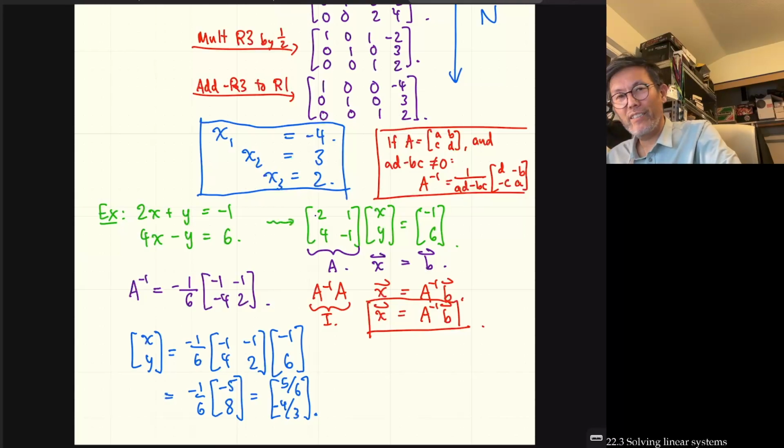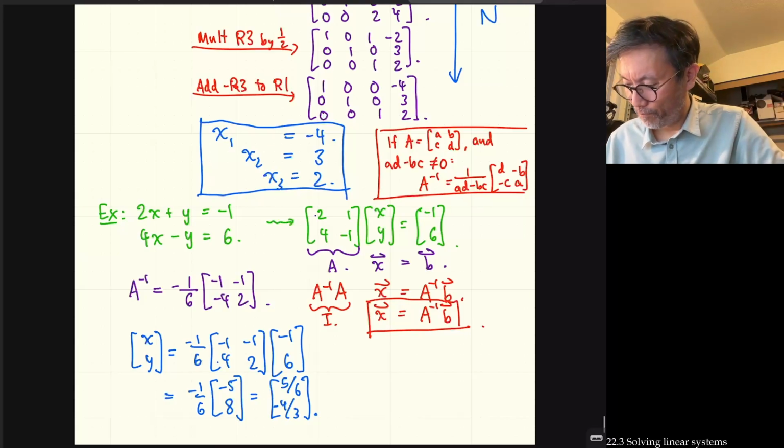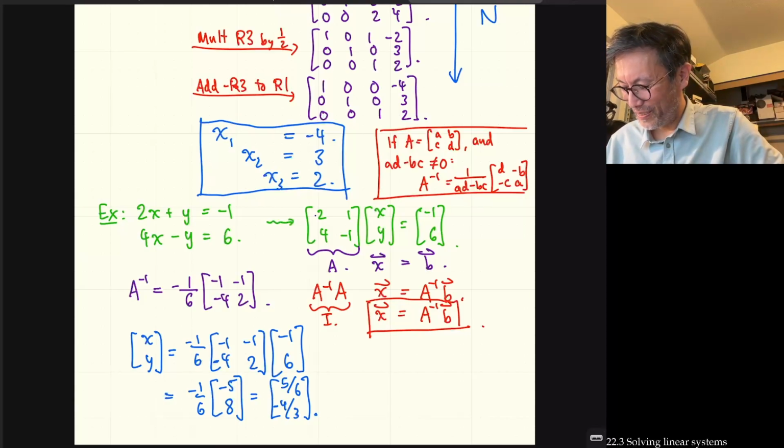Oh my God. I just found the issue. I missed a negative sign. It's right here. Okay, so it's actually -5. That looks right.